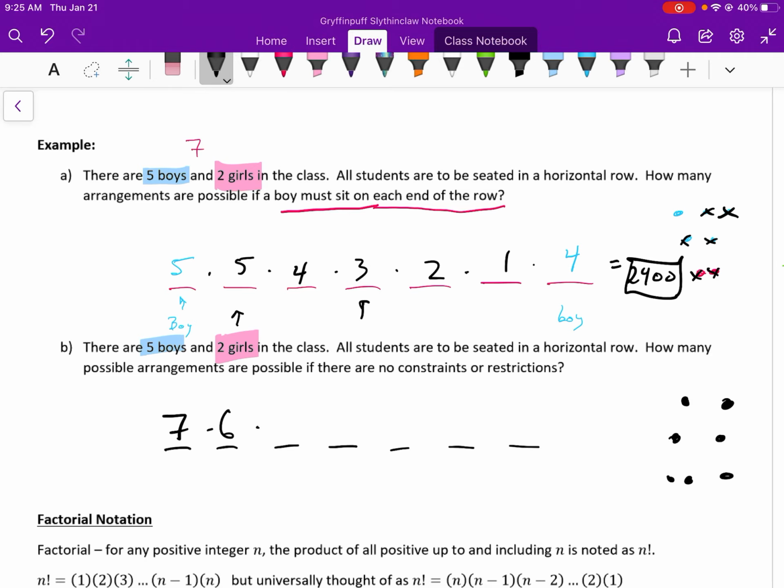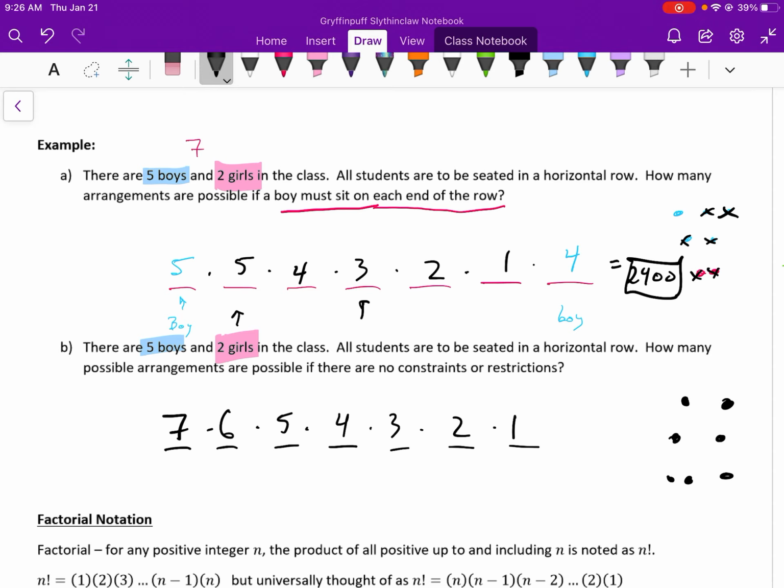There's 7 possible options to go in the first chair. 6 in the second chair. 5 in the third. 4 in the fourth. 3 in the fifth. 2 in the sixth. And last, there's just 1 person to go down in the 7th.